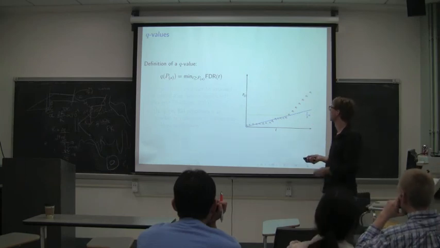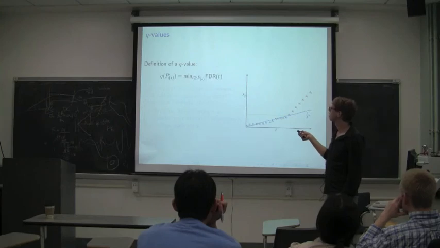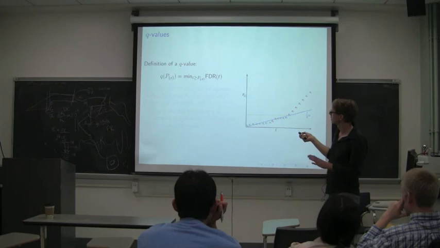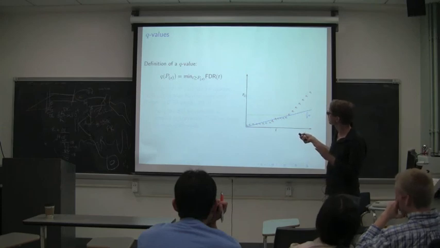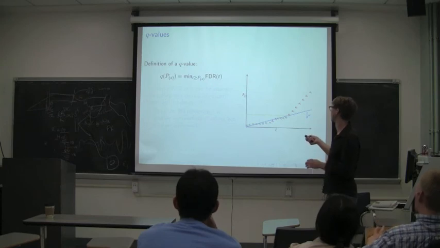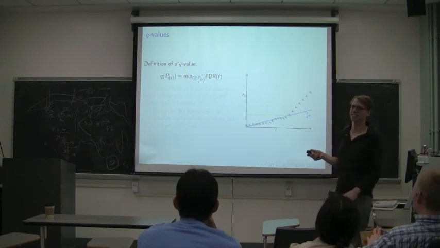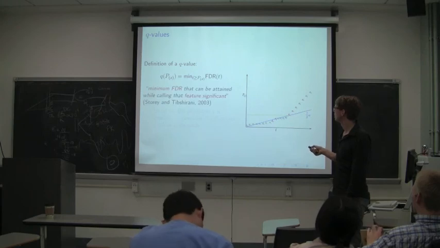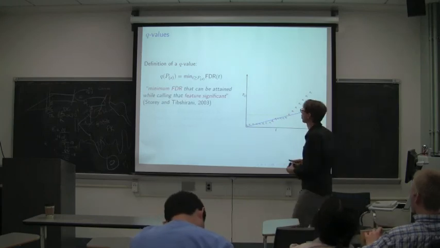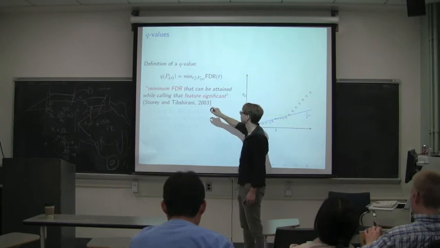Now it's the minimum FDR that can be achieved for any threshold that is larger than the p-value. The minimum FDR that can be attained while still calling this feature significant is the q-value.